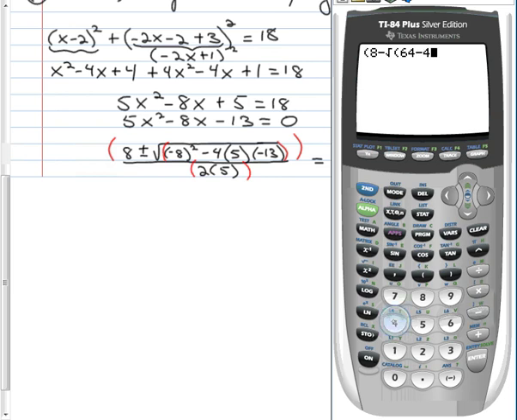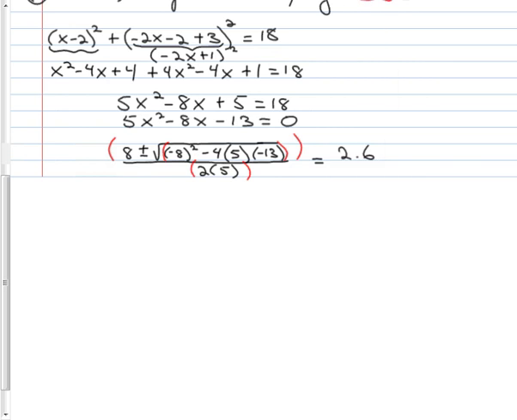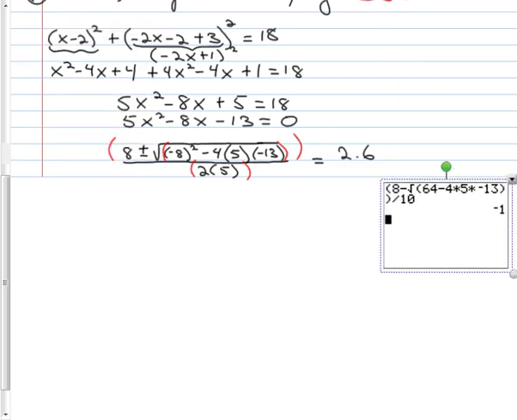Minus 4 times 5 times negative 13. I'm going to close the square root, close the numerator, divided by 2 times 5 is 10. I'm going to divide it by 10, and here's my second answer. And that is correct. At least according to the book, it's correct. So, since 2 of us got it, we'll assume it's correct.